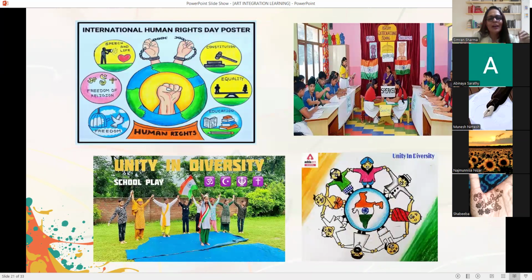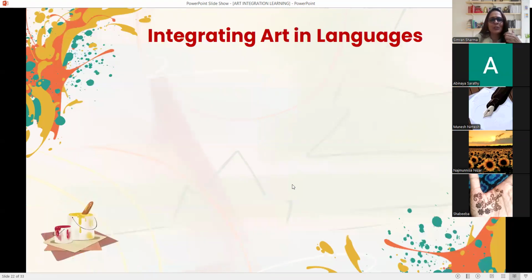As I mentioned, posters, of course, the mock parliament. They are participating, and when they enact and become the representatives, they get a better understanding of our parliament. Same way, unity in diversity, whether it is a Nukkad Natak or a small skit presented by students.